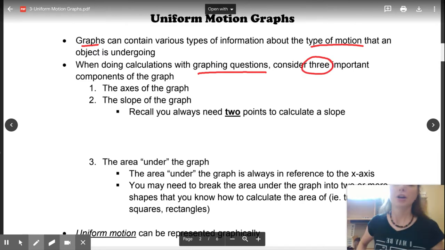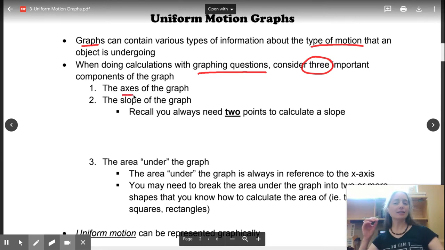You're going to need to consider the axes of the graph. What are these axes telling you? You're going to have to read those carefully. You might have to calculate the slope. It depends on what you're looking at. Remember, you need 2 points to calculate a slope.